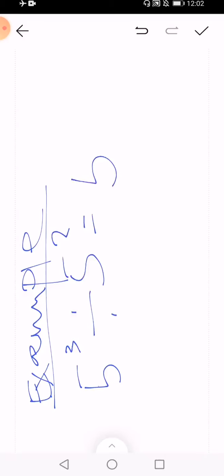We have 5 to the power 3 divided by 5 squared. So what we have here, we have 5 to the power 3 minus 2, which is 5 to the power 1. If there is no power written, then we know that there is 1. So it's 5 to the power 1, like this one.